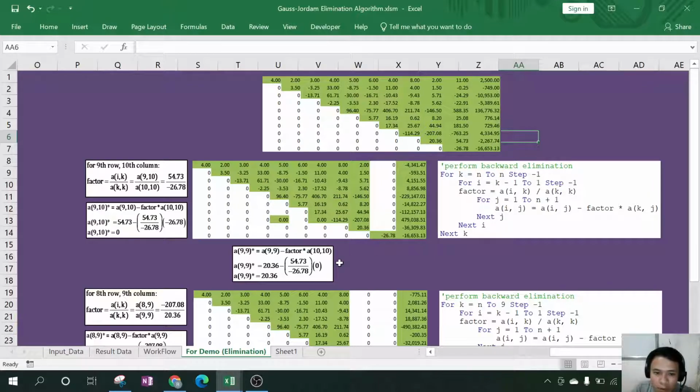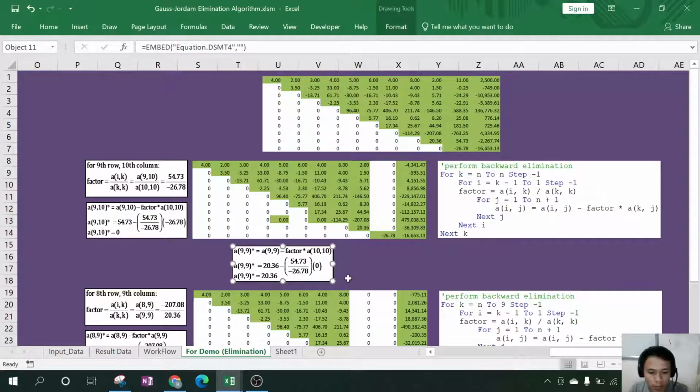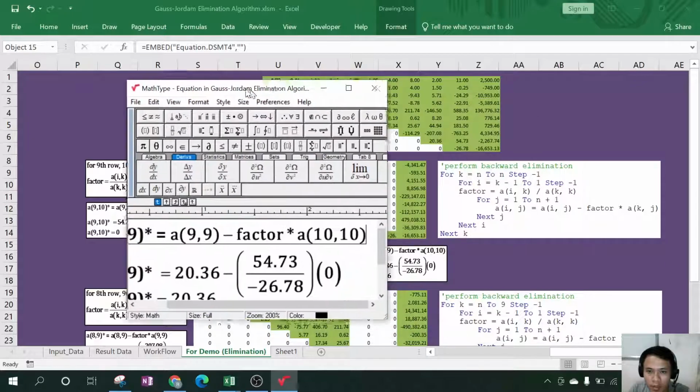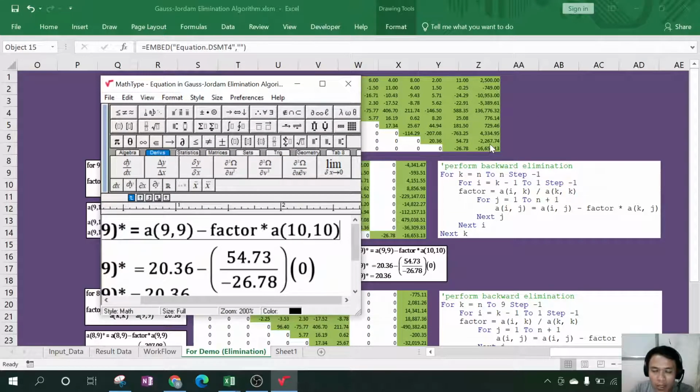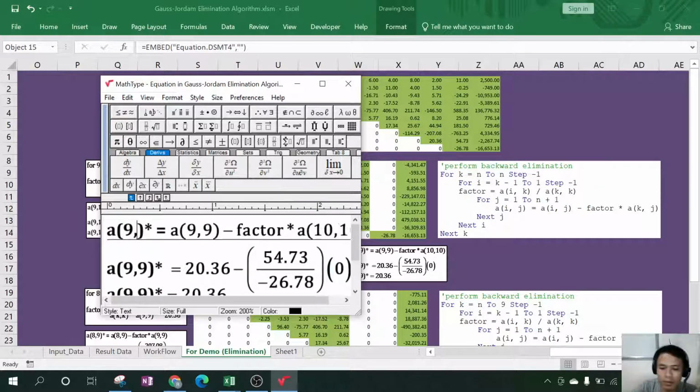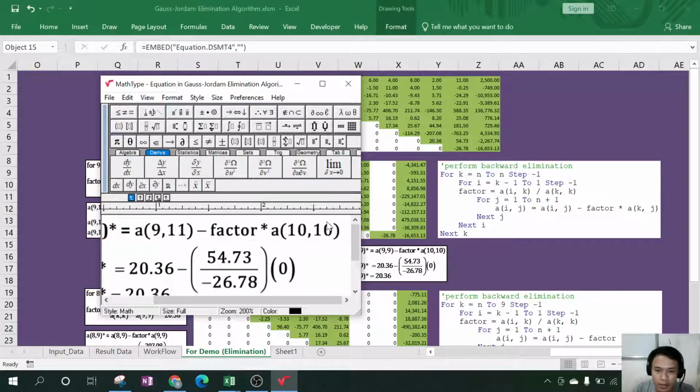Let me paste another one here for that process. So we are on the ninth row, 11th column, so 9 11 here. This is the old one, 9 11. The factor is just the same. Then this one is on the 10th row, 11th column.